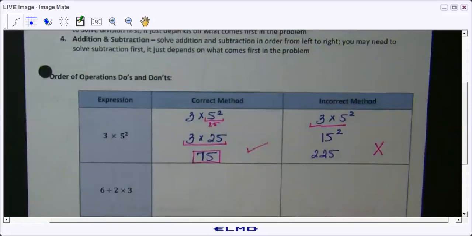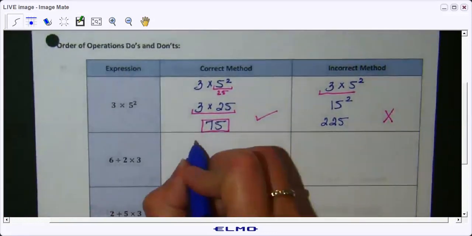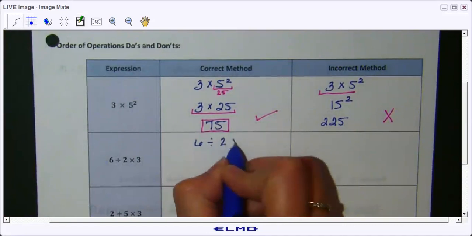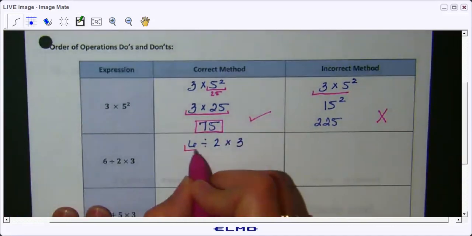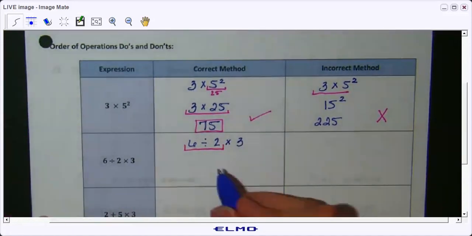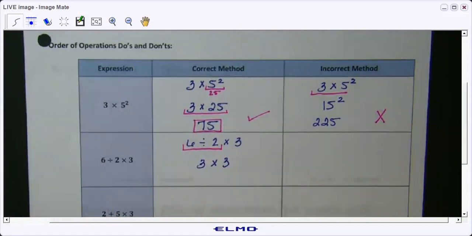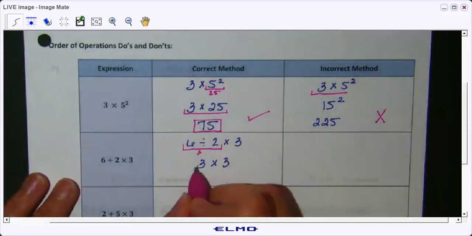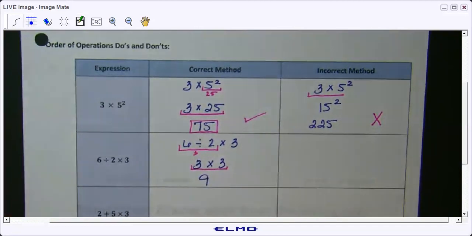Okay. Let's look at these other two. 6 divided by 2 times 3. Remember, you do multiplication or division depending on which one comes first. In this case, division comes first. So I'm going to divide 6 by 2, and I get 3, and bring down what I didn't do. And then I can multiply 3 times 3 and get 9.